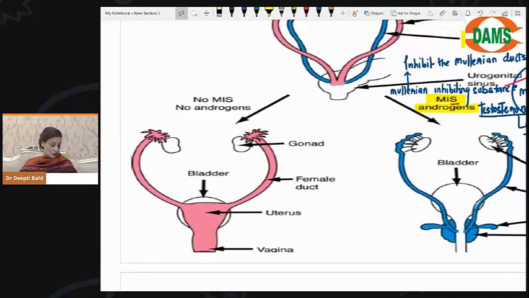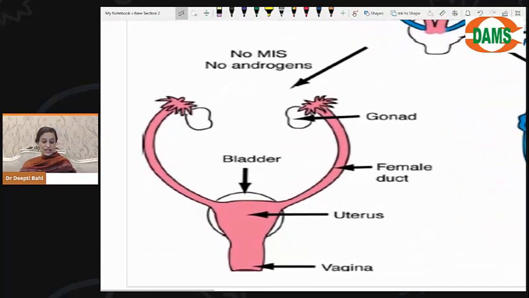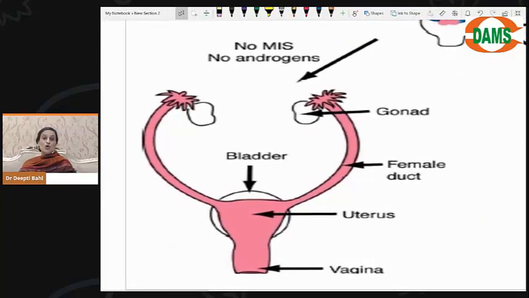Okay, so now that diagram that we are seeing here has only the pink ducts. There is no blue ducts. What does this mean? So when you see only the pink ducts, it means the blue ducts have disappeared.